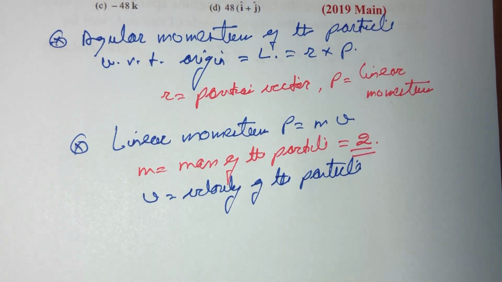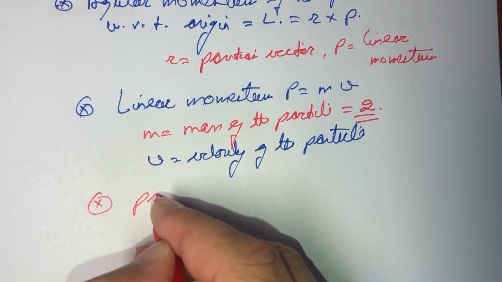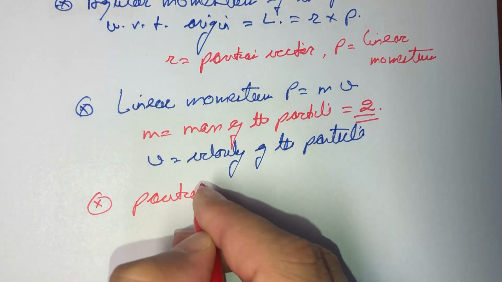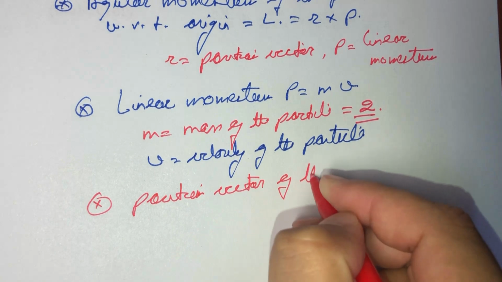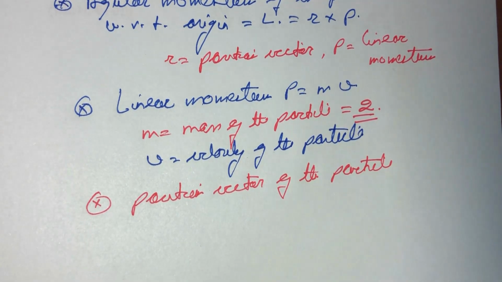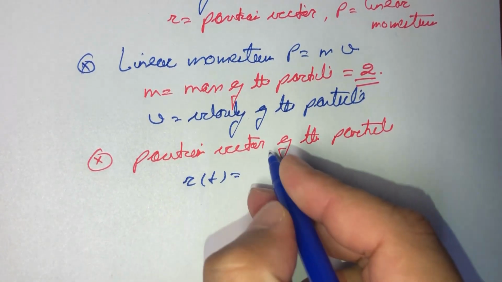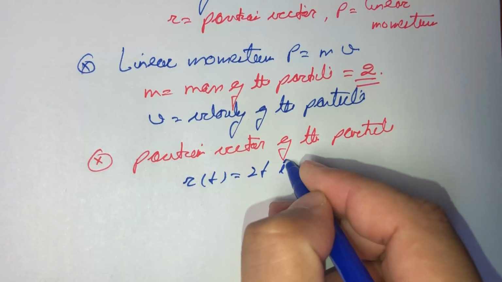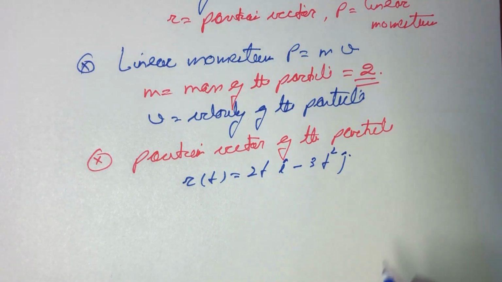Now we have been given the position vector, that is r. So the position vector of the particle is given as r of t, and it is 2t i unit vector minus 3t square j unit vector.